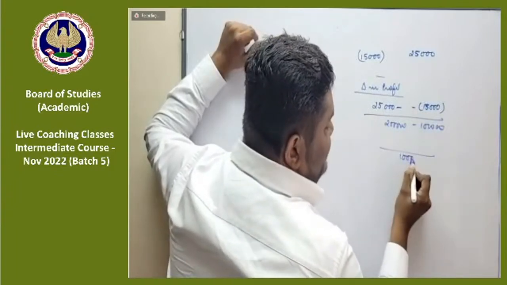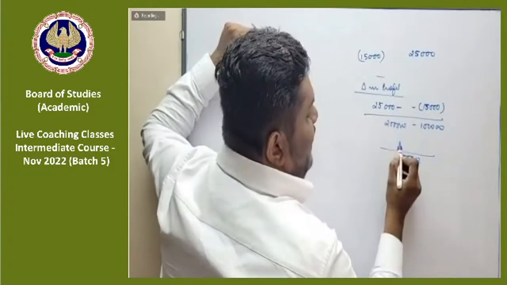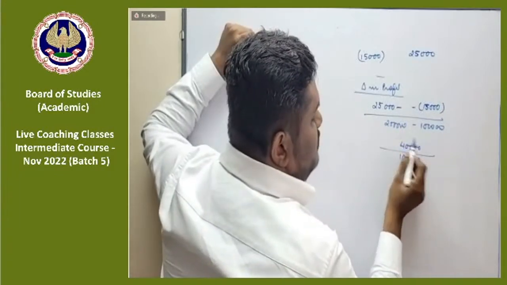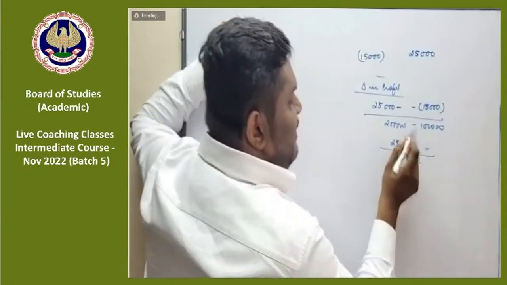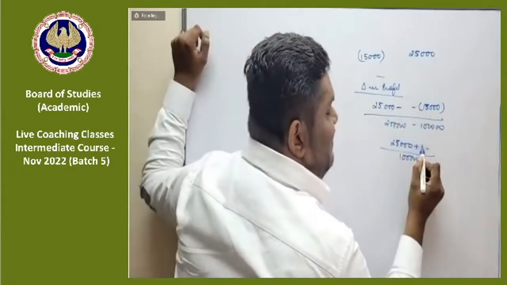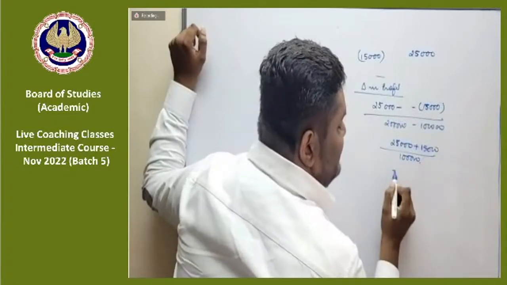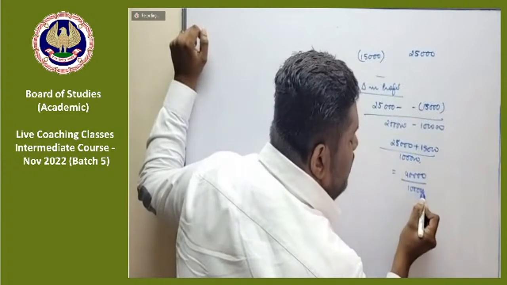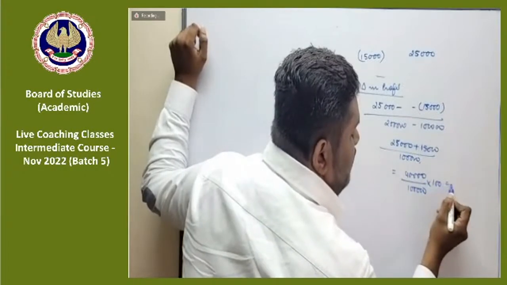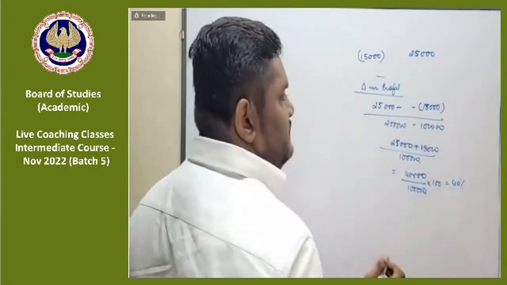So my change in sales will be 1 lakh and my change in profit will be 40,000. How come 40,000? 25,000 plus 15,000. This is how I got 40,000. So 40,000 divided by 1 lakh into 100, that is 40%.